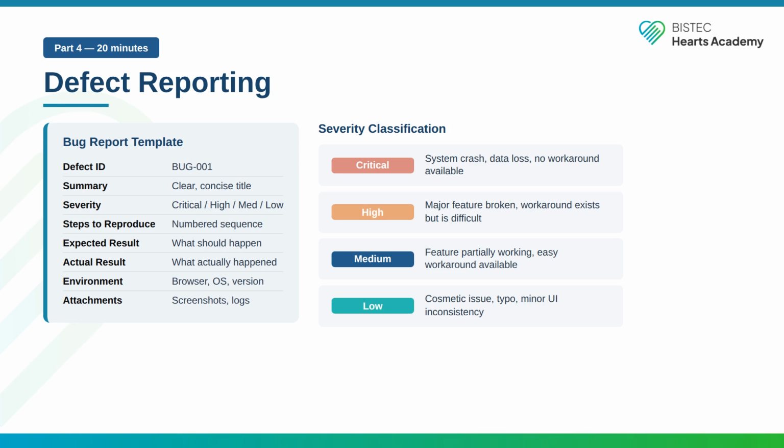For example, sorting by price in the product catalog sorts alphabetically instead of numerically, 125 instead of 52100. Low means cosmetic issues, typos, or minor UI inconsistencies. For example, the footer says Copyright 2024 instead of Copyright 2025, which does not affect functionality at all.